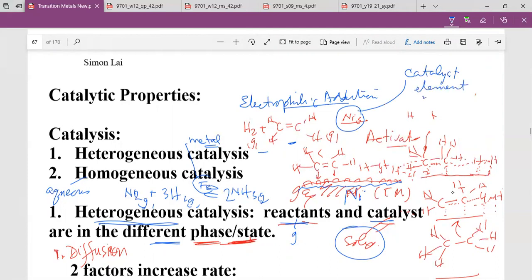Remember, it's a solid, it's an element, it's a metal. Why can transition metals and ions act as catalysts?